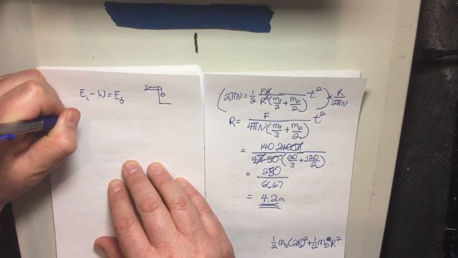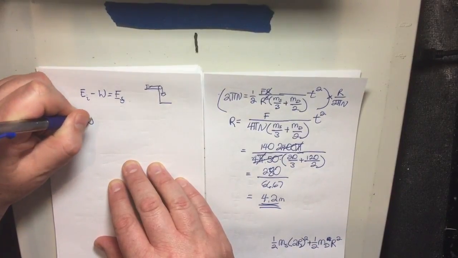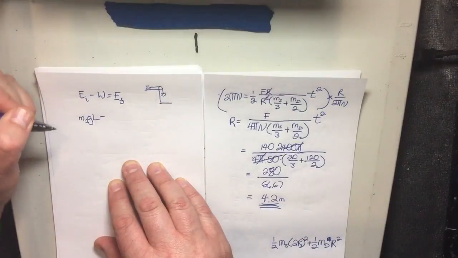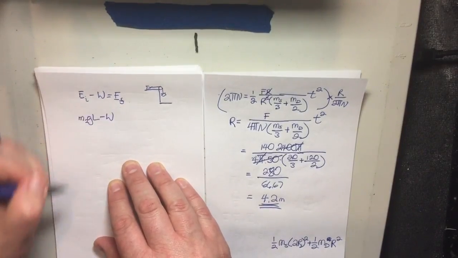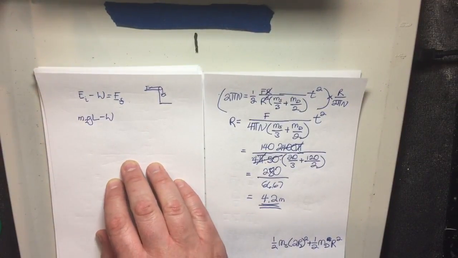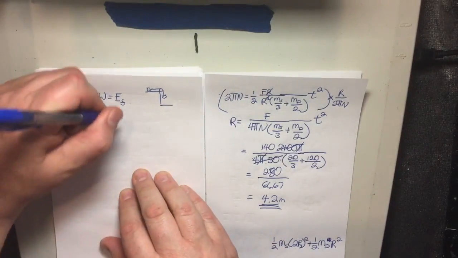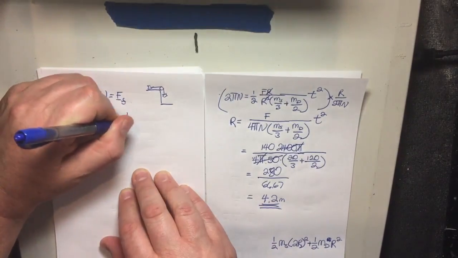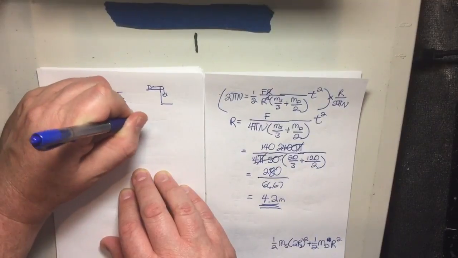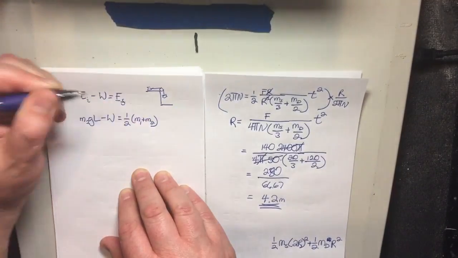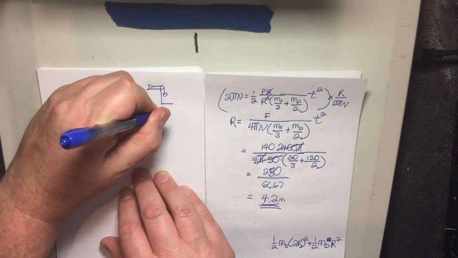So it is M2GL. We'll worry about the work in a moment. The energy final is only the final kinetic energy. So this is 1/2 M1 plus M2 V squared.